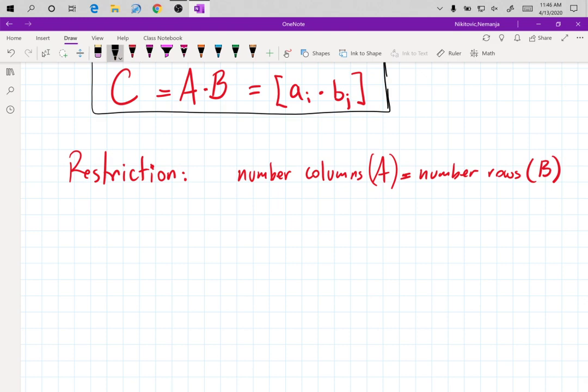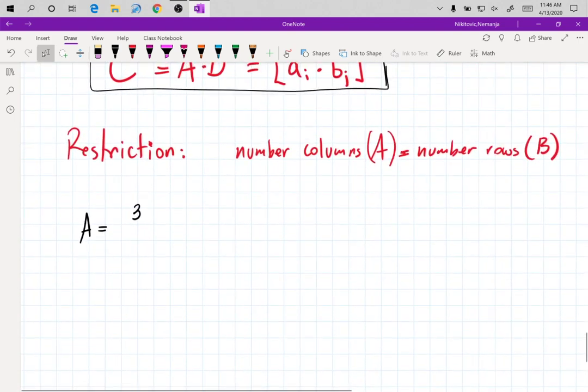All right, so let's say you're going to have matrix A to be 3, 2, 8, and -1, times, let's say, it's maybe too big, whatever.